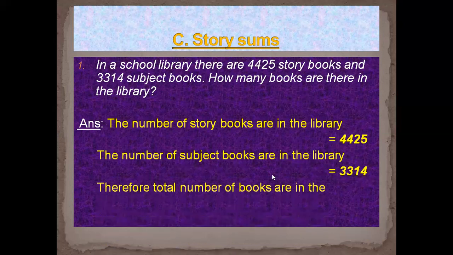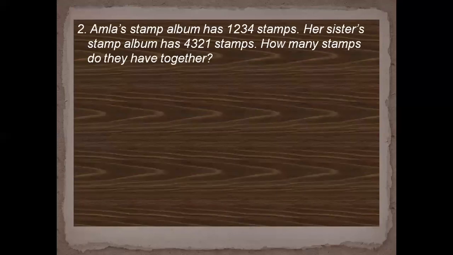Now the total number of books in the library is 7,739. Okay, here we have to do addition. 5 plus 4 equals 9, 2 plus 1 equals 3, 4 plus 3 equals 7, and then 4 plus 3 equals 7. So the total number of books in the library is 7,739.